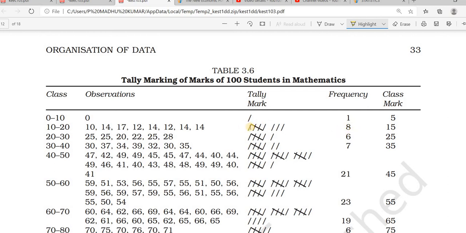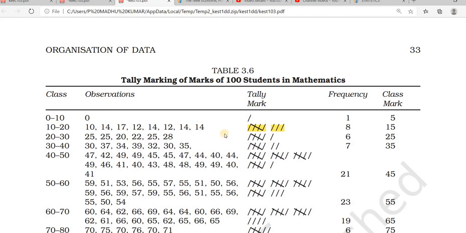Here it is one set, and we know one set means 5. Then here it is 3. 5 plus 3, 8. We know how we get the class mark. Class mark is 20 plus 10, 30, divided by 2, it is 15.